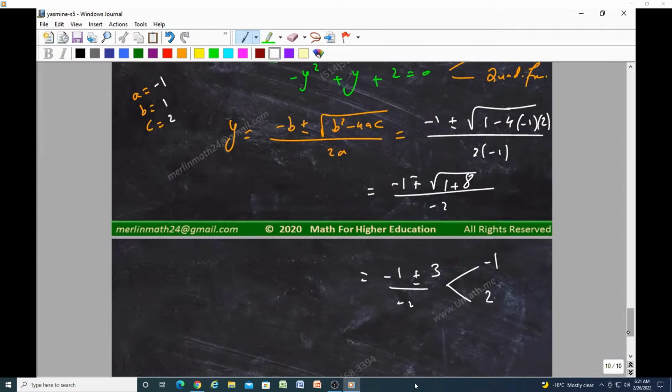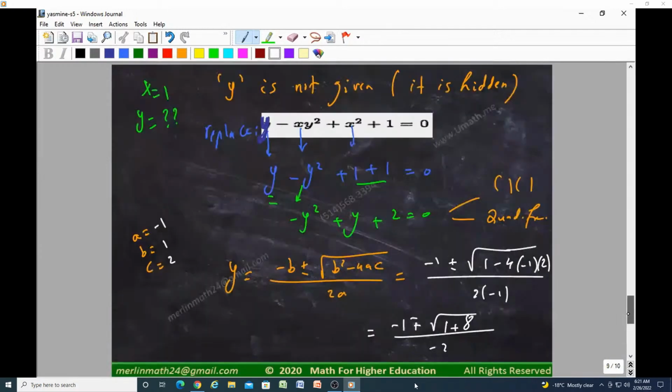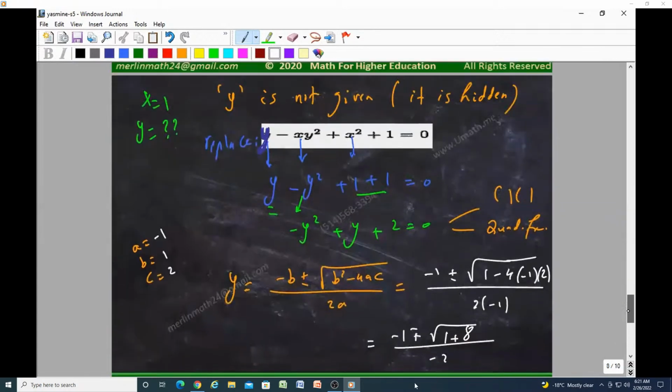Perfect. Those are for y. So let me write: y is -1, and another time y is 2. What does that mean? How many equations do we get? It depends on how many y's we have, so we have 2 equations.